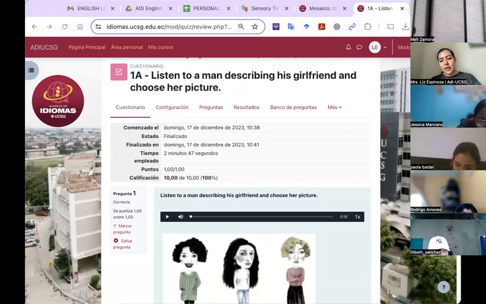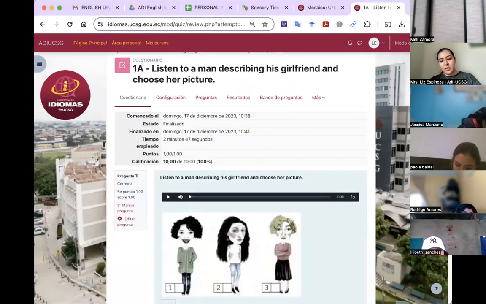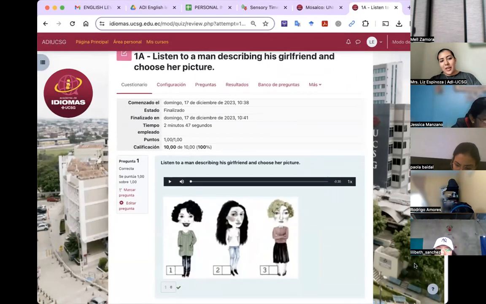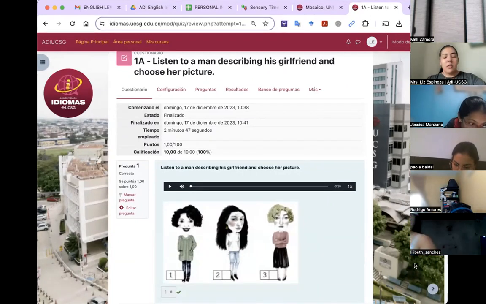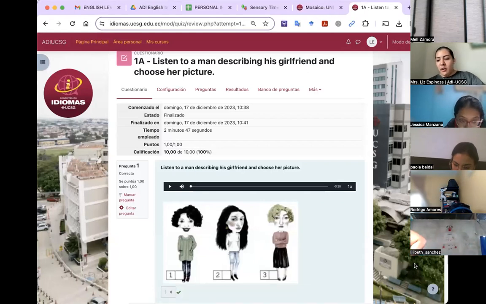Also, a recommendation that I can give you, Jessica, is that you take a screenshot, a photo, a capture of the activity. So if you cannot complete it right now, at least you can complete it later, okay? Thank you, Lisa.